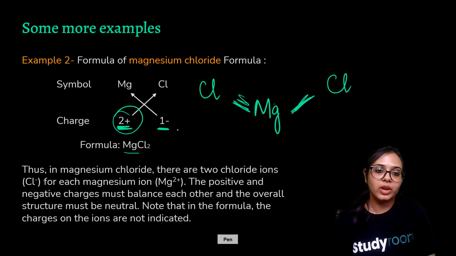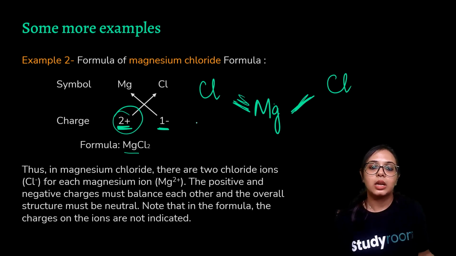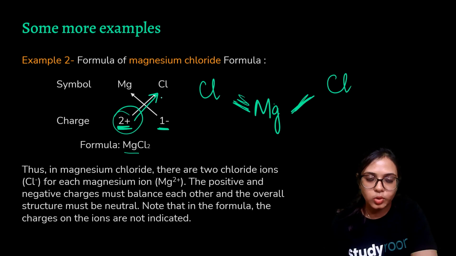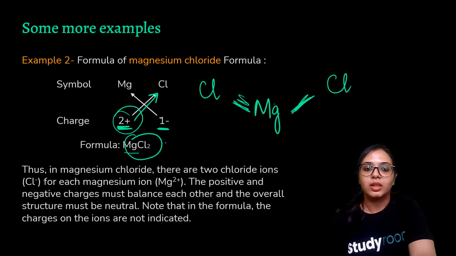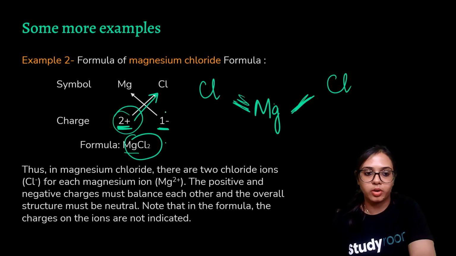When we write the valency with the charges, we observe that for chlorine, the crisscross is taking place. So for chlorine, we require 2 atoms to combine with 1 atom of magnesium to form the compound magnesium chloride. That is why writing the valency and then crisscrossing them is important.